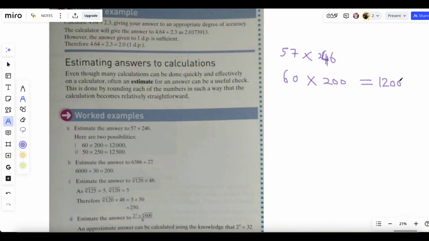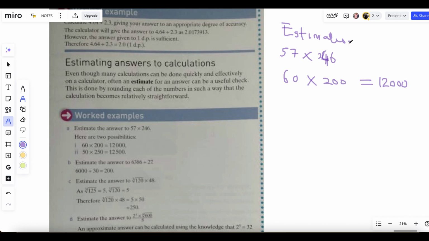You see, this is for estimation. When they ask you to estimate, it means you round each number first before you do the final calculation, before you multiply. Estimation does not mean it's the accurate answer. It means you are close to the real answer.